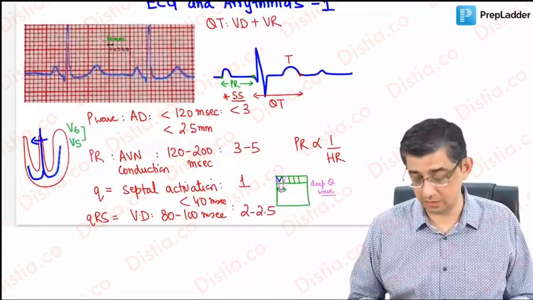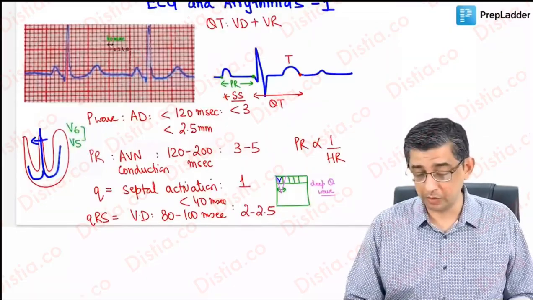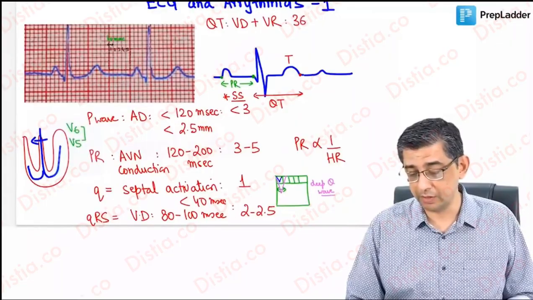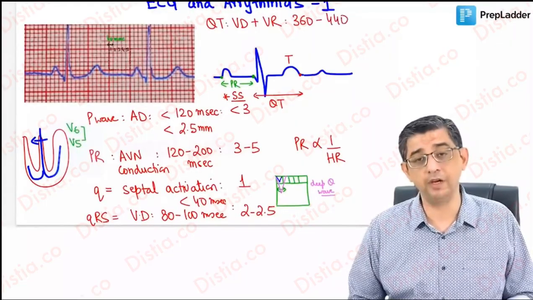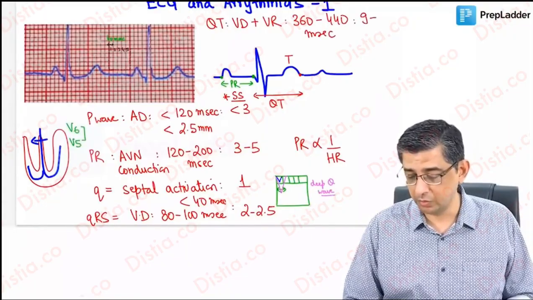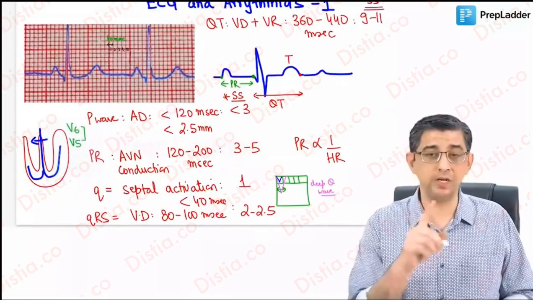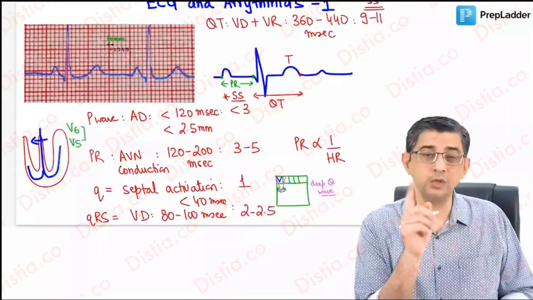T wave is for repolarization, QRS is for ventricular depolarization. What is the normal duration of the QT interval? It would be 360 to 440 milliseconds. The bottom line is that QT interval will be in the range of 9 to 11 small squares per se.